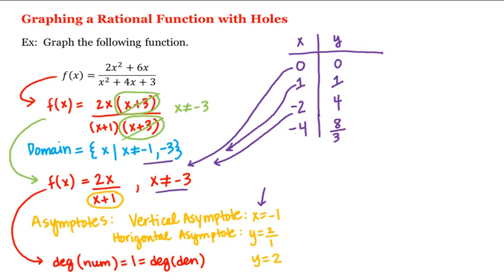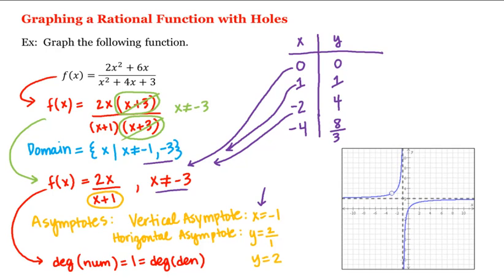And so using all this information, we get our graph. Here's our vertical asymptote here, x equal to -1. Notice that as x goes to -1 from the left-hand side, f will increase without bound.